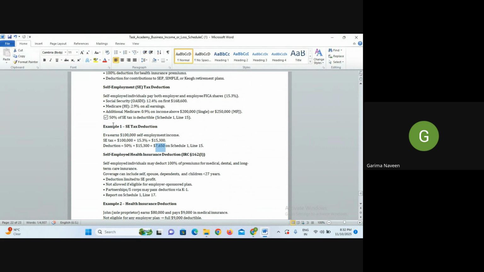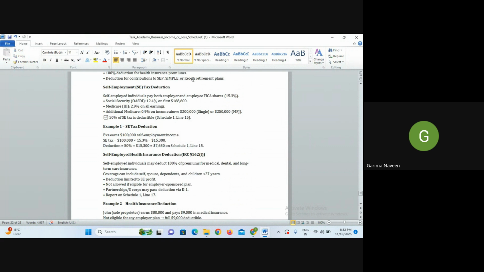You need to remember that these self-employment taxes are calculated on the net earnings part. Net earnings means your self-employment income is this, and this is the self-employment tax if you calculate. But on this amount you will get the deduction.